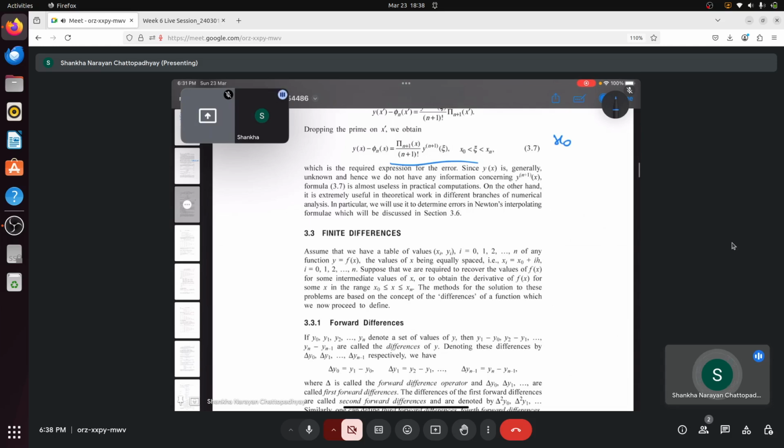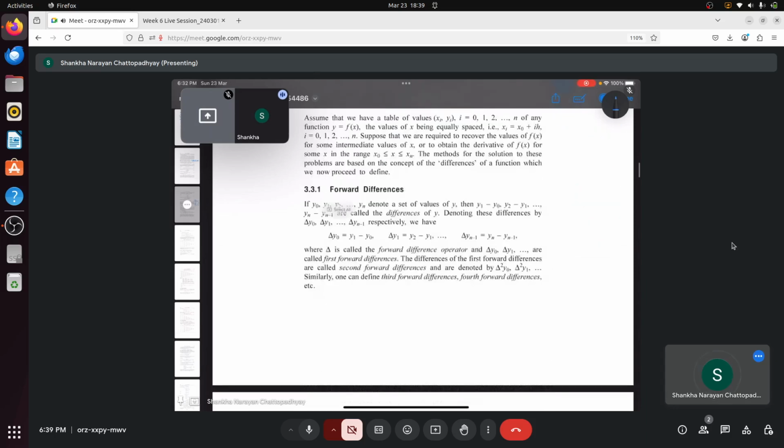Equispaced means x0, x1 up to xn, the gaps between them are the same. If you subtract x0 from x1, you will get h, x2 minus x1 is h, and xn minus x(n-1) is once again h. This trend is followed for all x0 up to xn, then it is called equispaced.